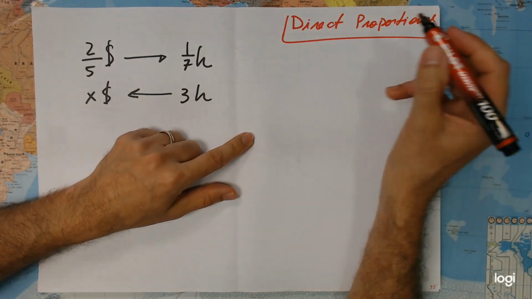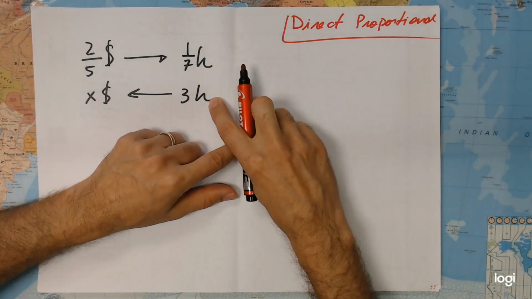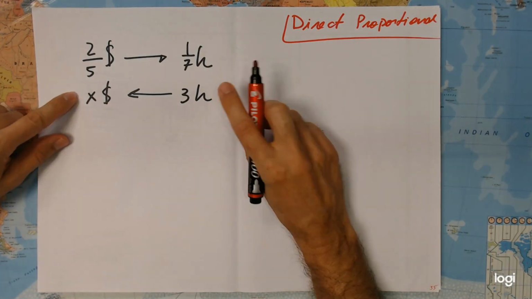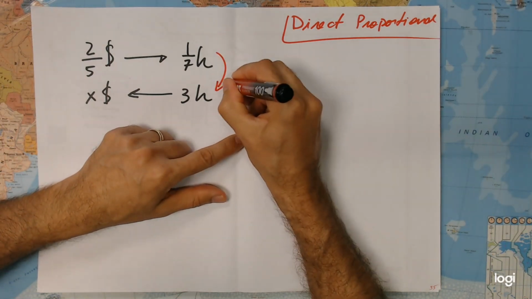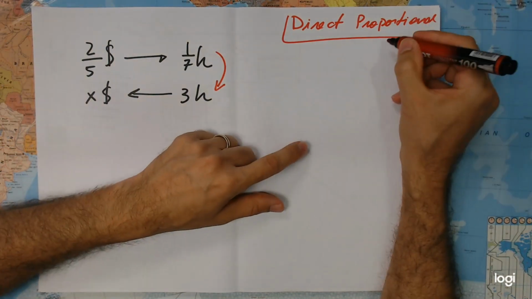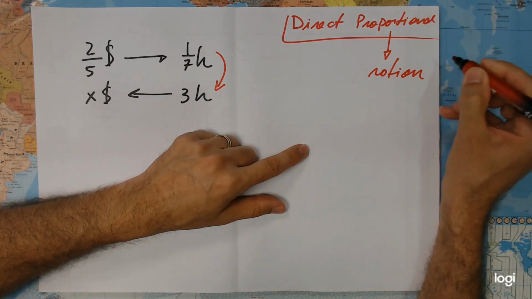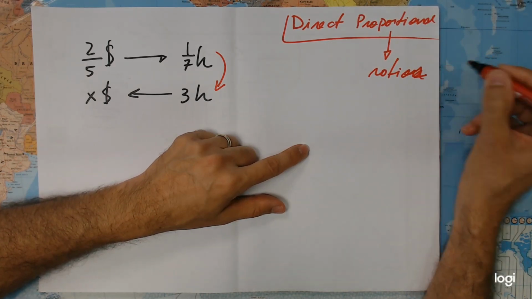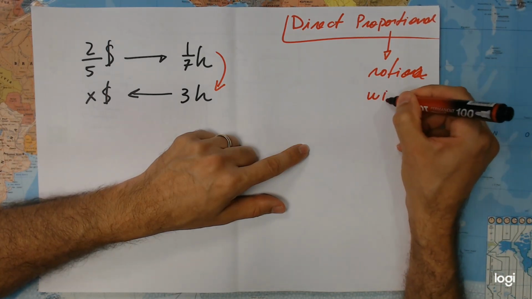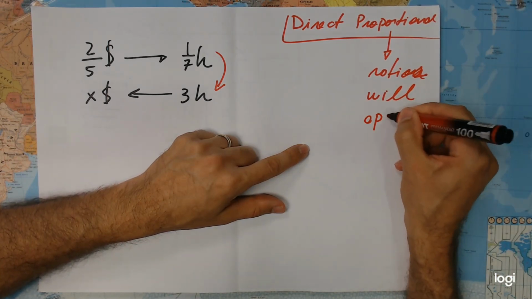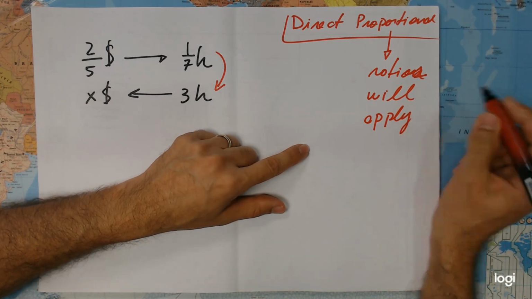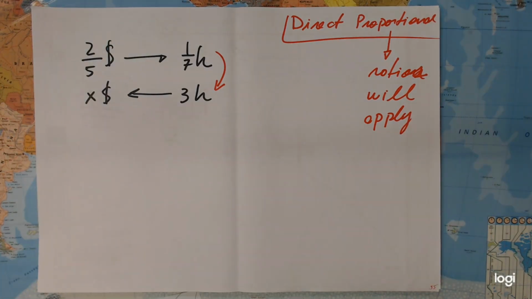Well, if it is direct, if we increase on this side, we're also going to have an increase on this side. Well, it is proportional, right? If it is proportional, ratios will apply. So let's use the ratio, okay?